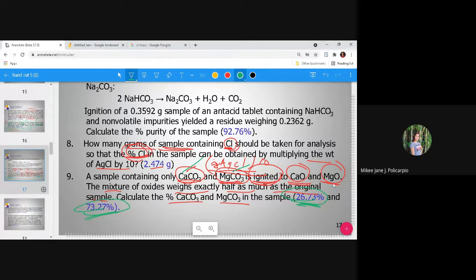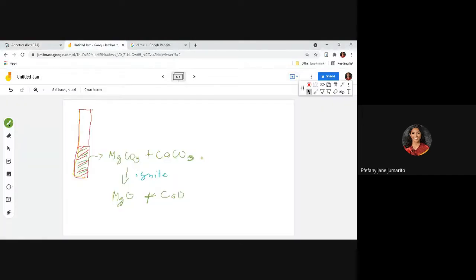Okay, if not given, you can assume 100 grams. So we can assume that the magnesium carbonate and calcium carbonate is 100 grams. Assuming is important in chemistry. So in this case, you assume the gram to be 100.